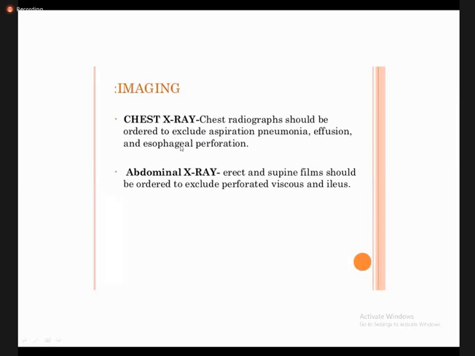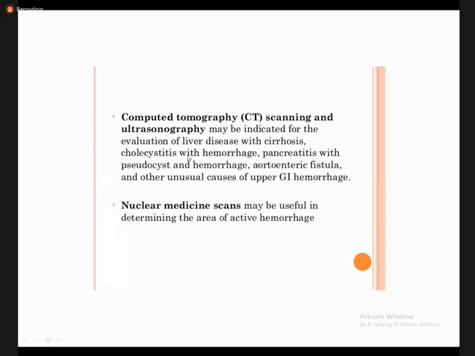Abdominal X-ray again is to exclude perforated viscera. Then CT scan can be helpful if we specifically suspect aortoenteric fistulas and other causes, and nuclear imaging is also helpful in determining the area of active hemorrhage.